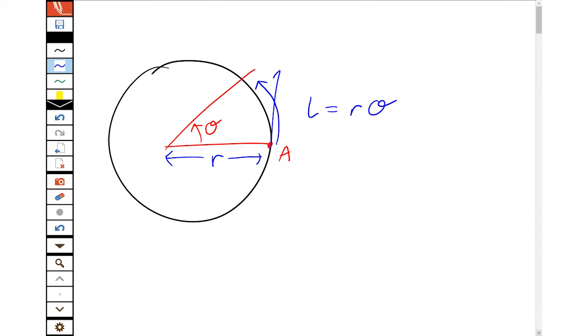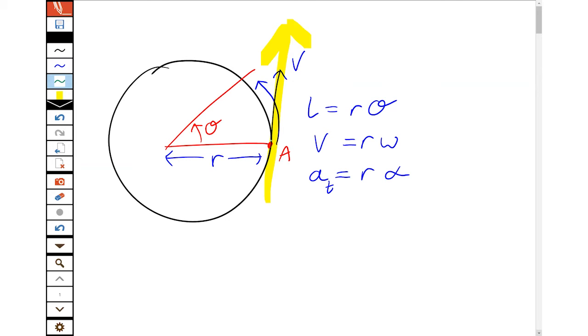And I know A is moving at a velocity. The linear velocity is just the radius times the angular velocity. And the linear acceleration is just the radius times the angular acceleration. And we remember, oh, we talked about this before, this acceleration is tangential. So that's the tangential acceleration.